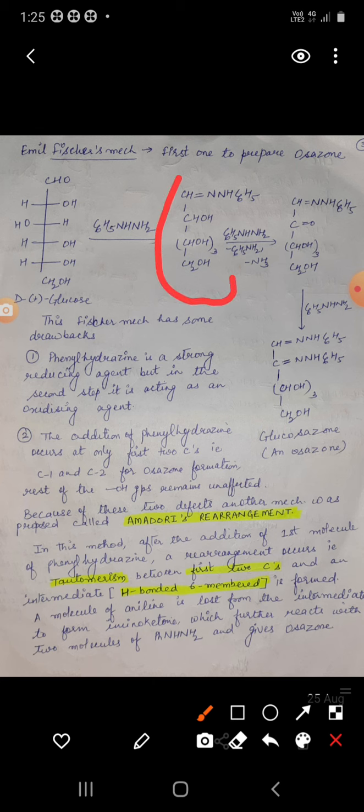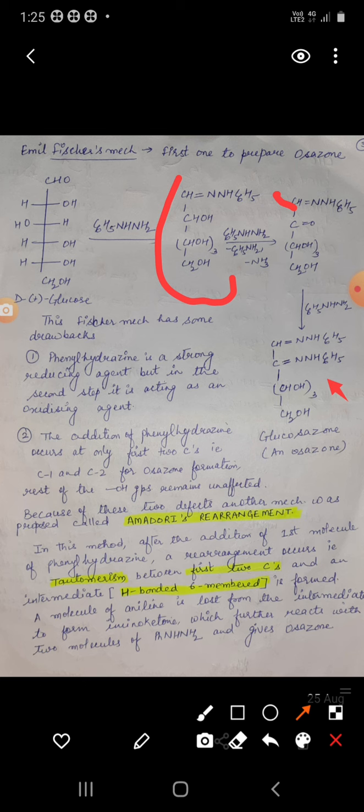Then this intermediate forms an addition compound with a hydroxyl group. Then this addition product reacts with another molecule of phenylhydrazine and it oxidizes carbon number 2, forming a carbonyl carbon at the second position. Again the third molecule of phenylhydrazine comes into the picture and gives glucosazone, which is this, as the product. Okay, so this is the mechanism proposed by Fischer.